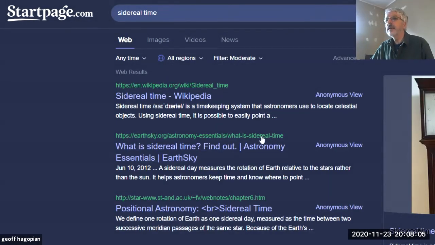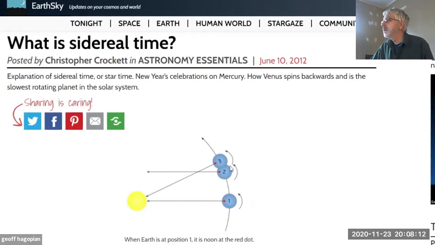So we're looking up sidereal time, and there's a Wikipedia entry on it. Then there's something from earthsky.org. So yeah, this is kind of a nice description of it. Okay, so the question is, what is sidereal time, or star time?